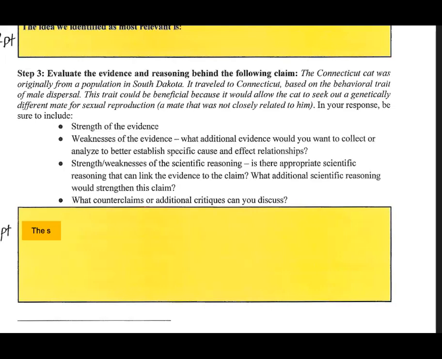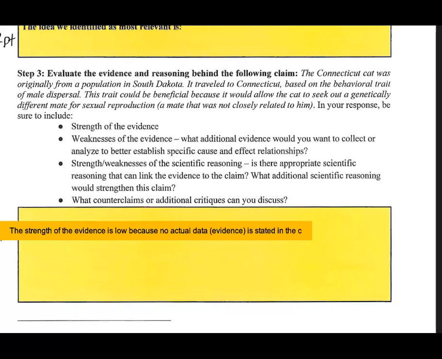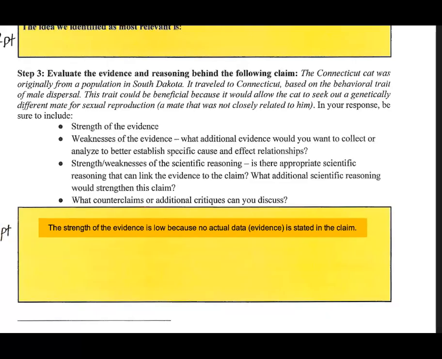So the strength of the evidence is low because no actual data, which is evidence, is stated in the claim.